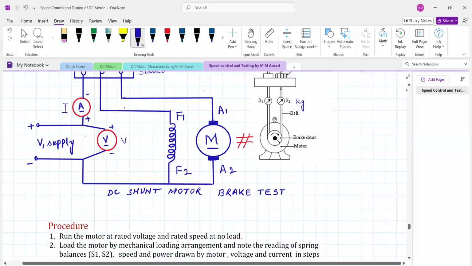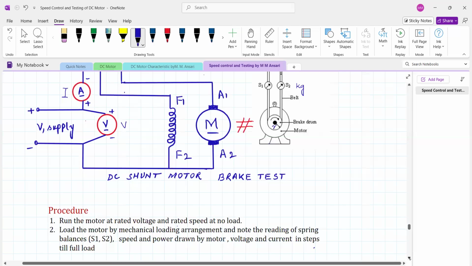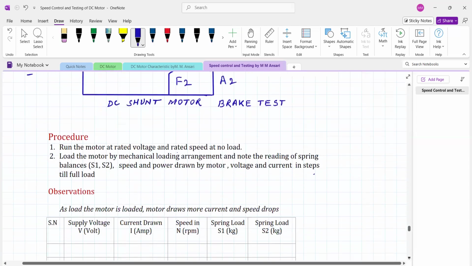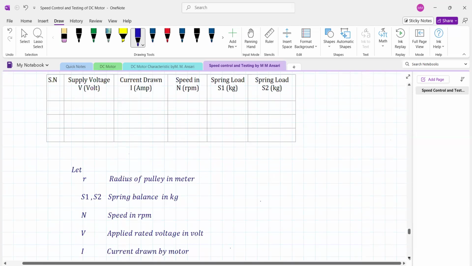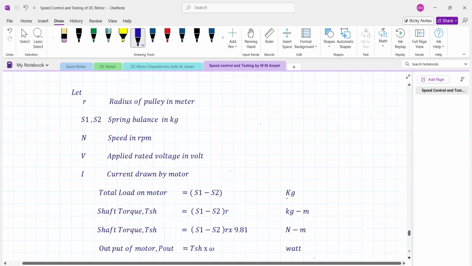See in the diagram, this is the value of R. This is the radius, and the loads S1 and S2 are measured in kg. So force multiplied by distance is nothing but the torque. Here it is possible to calculate the torque in kg meter because the load is in kg.